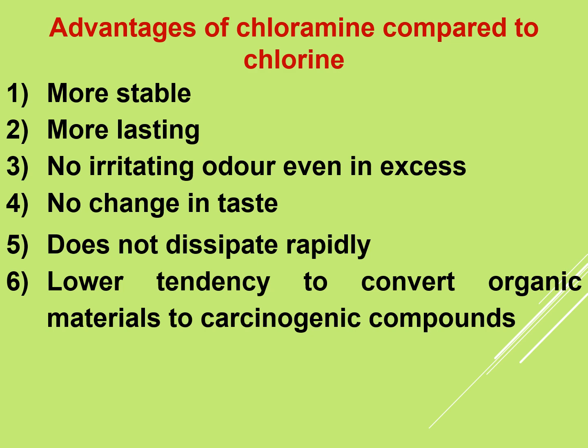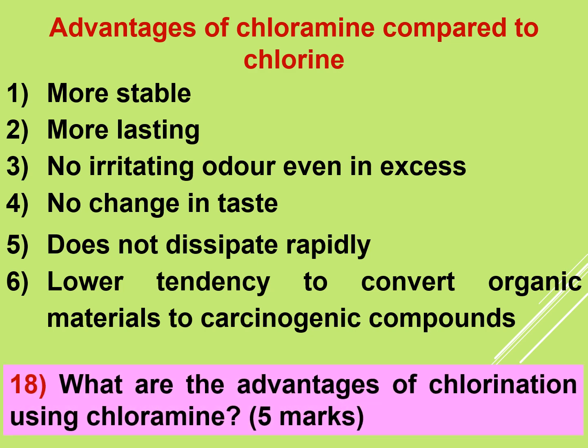In fact, the rate of formation of HOCl is less and so carcinogenic compound formation will also be less. So another important question: what are the advantages of chlorination using chloramine? This is also a regularly asked question for university examination.